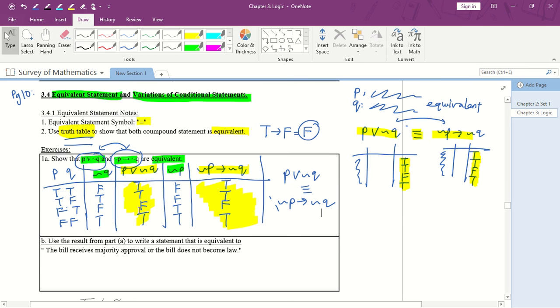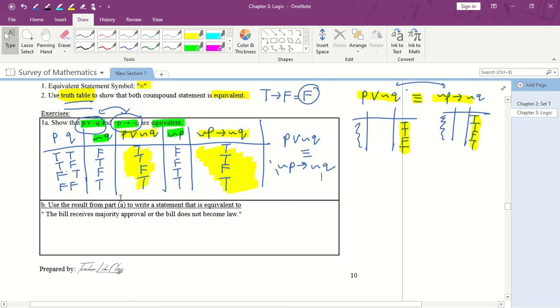Okay, and now let's look at the B. Here it says to use the result from part A to write a statement that is equivalent to: the bill receives majority approval or the bill does not become law. So don't be surprised with the questions. We just need to start doing that.